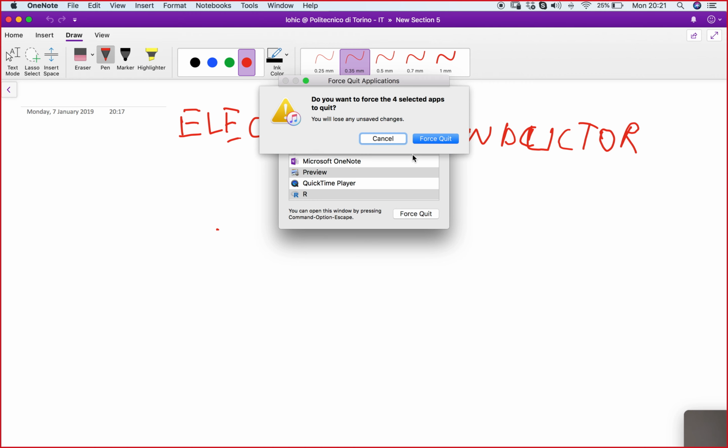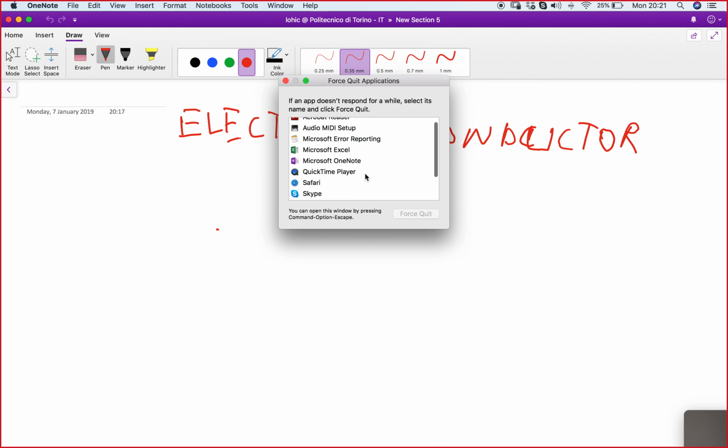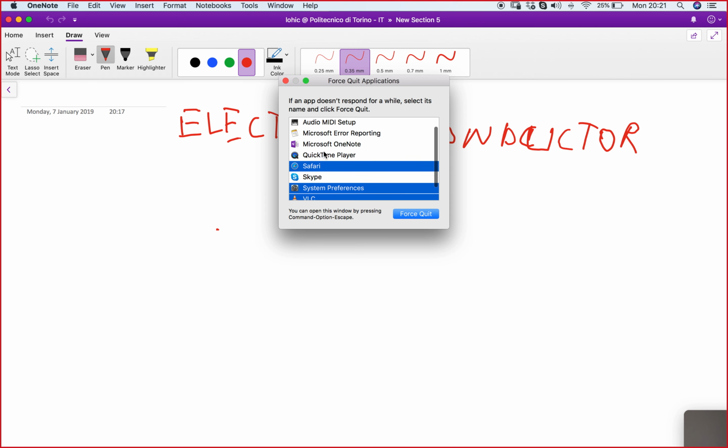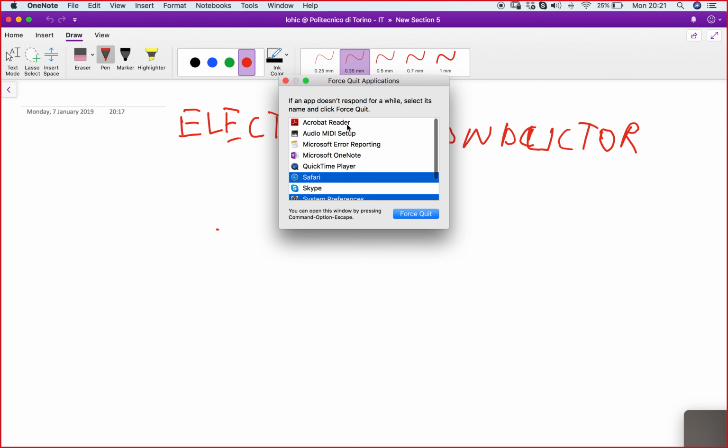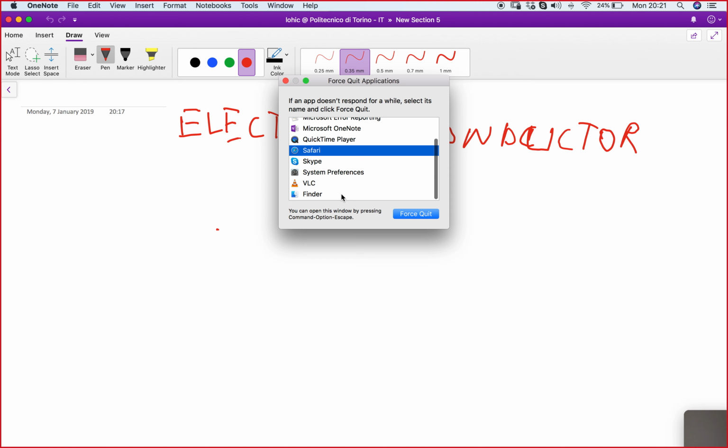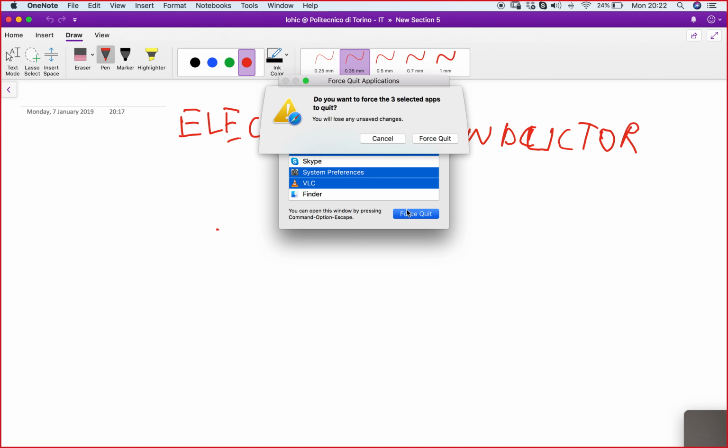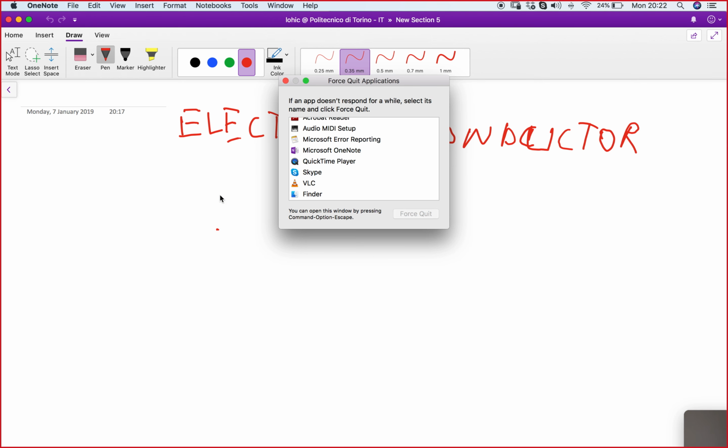So Forskit from this three. Forskit. Now let's close also VLC. Inference. Safari and Arable Reader. No, Safari I keep no, yes, we close also this one. Okay, let's close Forskit. Nice.